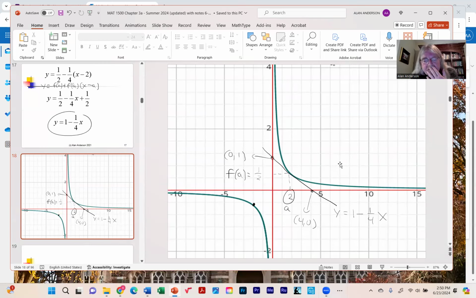The intercept is 1 and the slope is negative a quarter. In other words, this equation is written in the traditional b plus mx form. So that means we've done this correctly. You can see that it works.